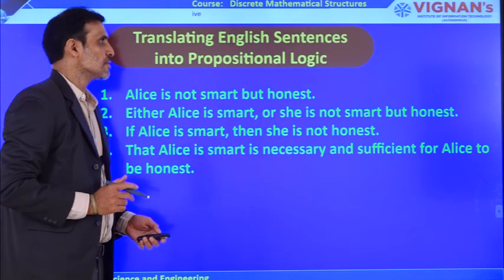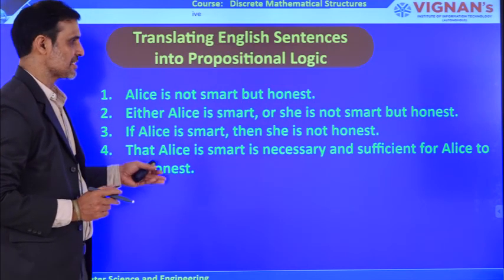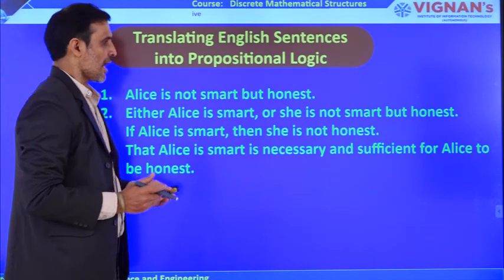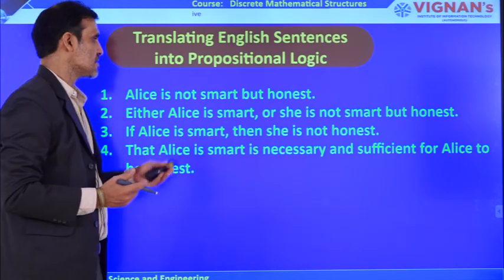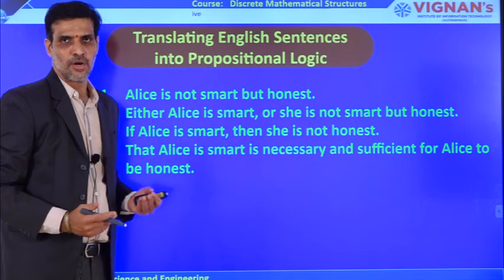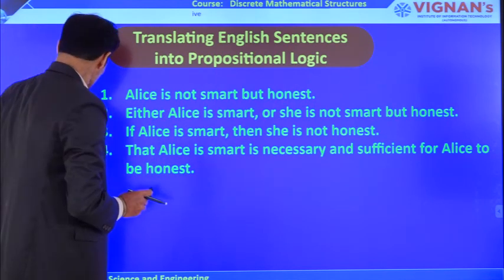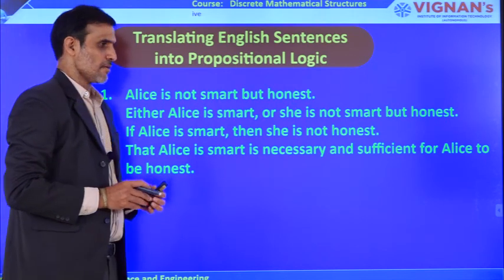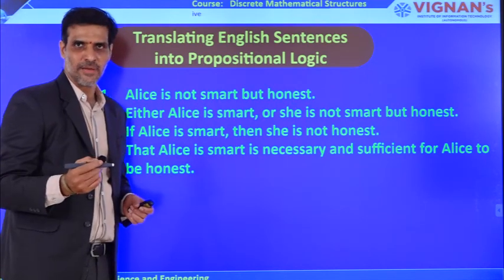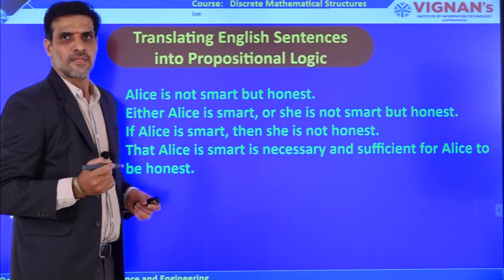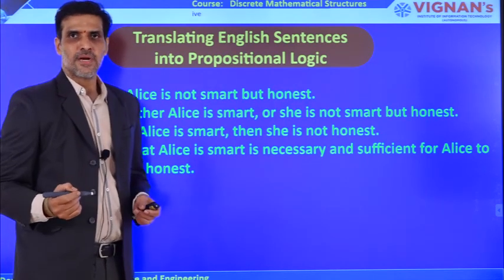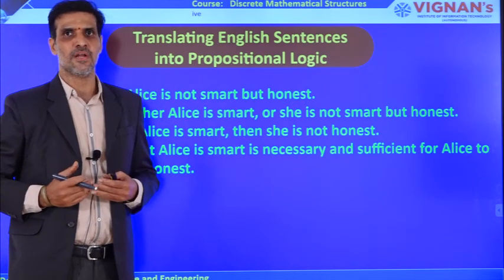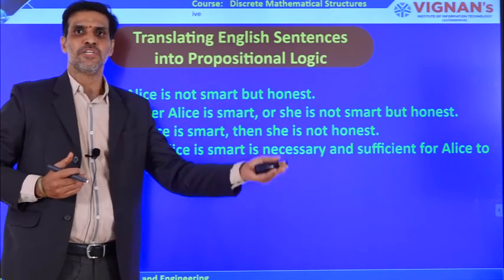Now, I have given some English statements here. What I want to do here is convert these sentences into the form of propositional logic. So how do we convert these sentences into propositional logic? Why we need to convert them, I have just explained, because you need to convert the sentences in our natural language into machine language.